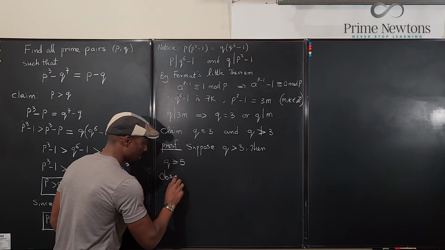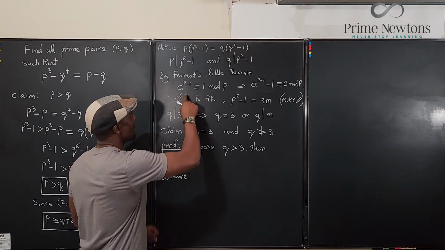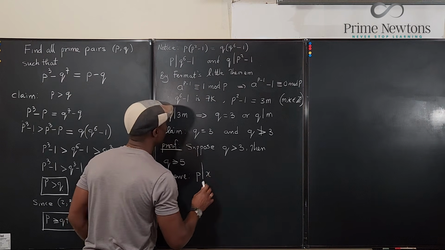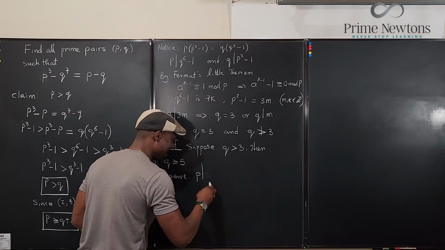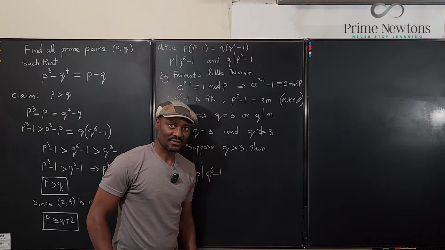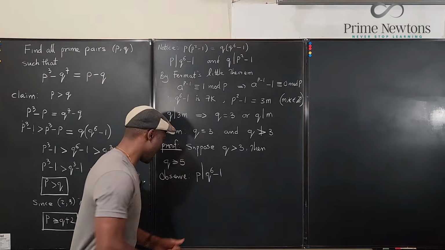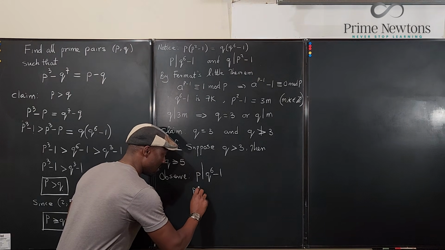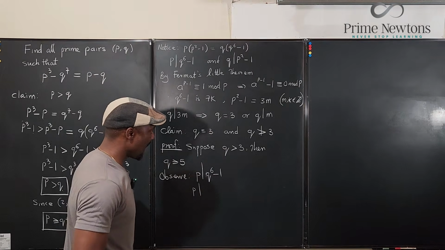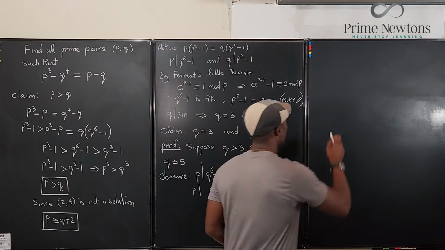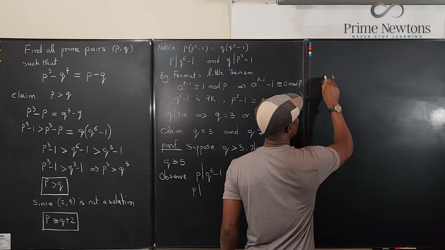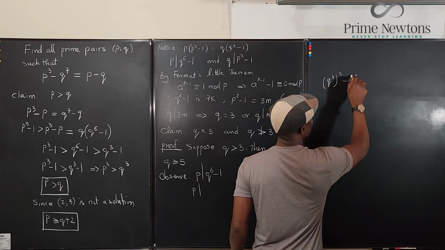Observe that we said p divides q to the 6th minus 1, right? We might as well factor this out. We can write this as the difference of two squares, q cubed squared minus 1 cubed squared.